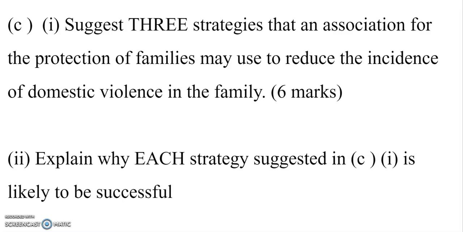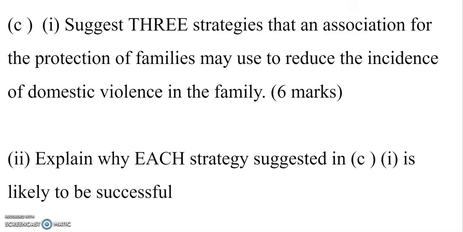And this is another 6 marks. All right? Do not make the mistake of writing both or answering both questions in 1 paragraph. This is 2 different questions and they carry 2 different marks.